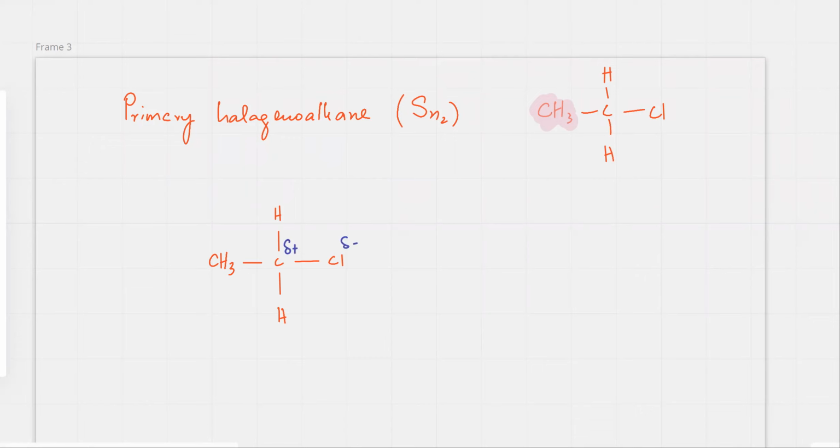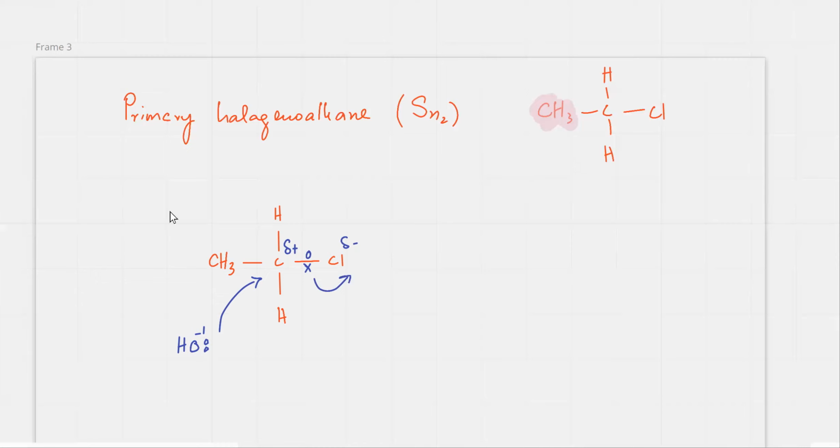Now, if you add an OH- nucleophile, the lone pairs of this OH- are going to be attracted to this carbon atom. And the electrons over here are going to be further repelled as this OH- approaches.